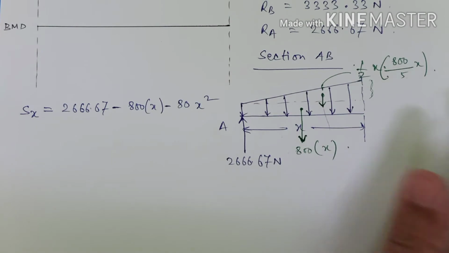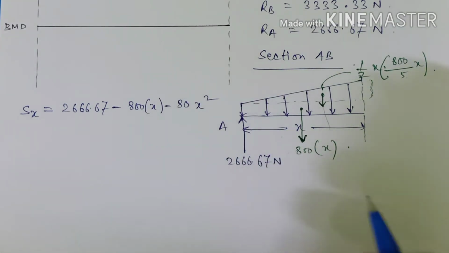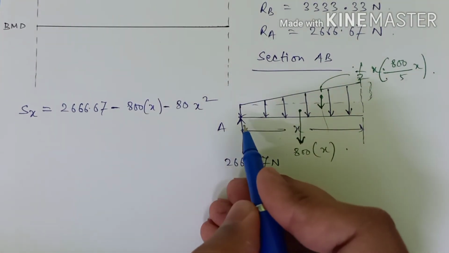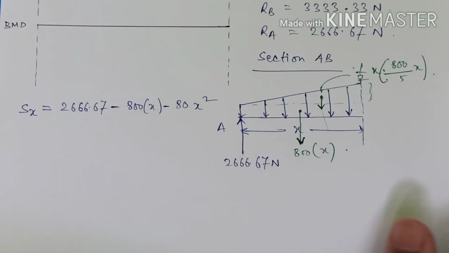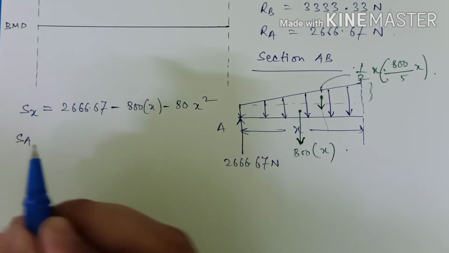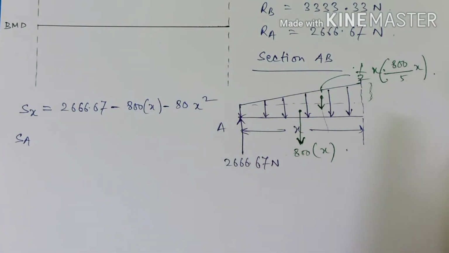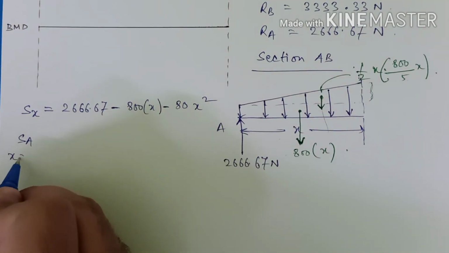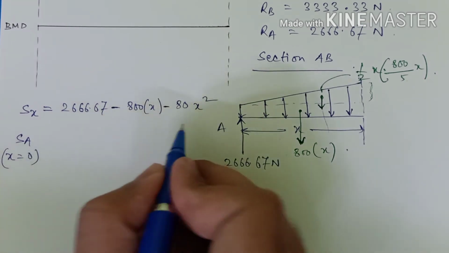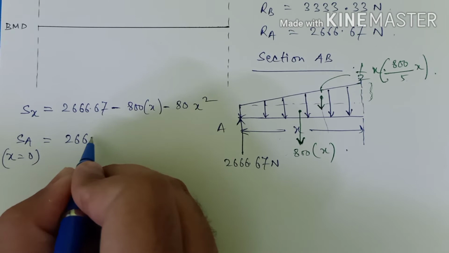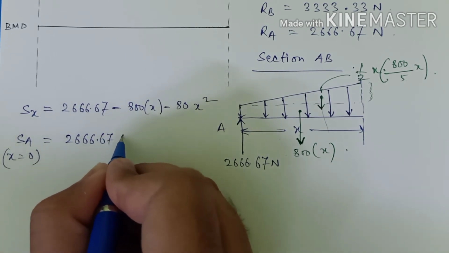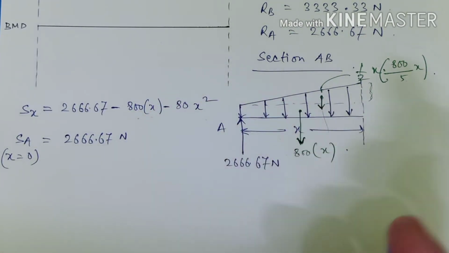Okay, it's fine. Now you need the value of shear force at A and at B, because we have no other sections in between, right? To find the shear force at A, you have to put x equals 0. Then these terms will become 0, obviously.